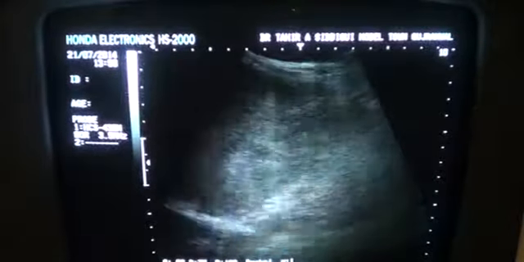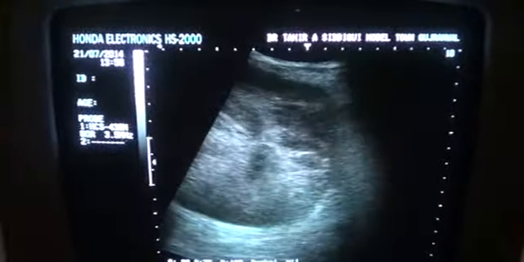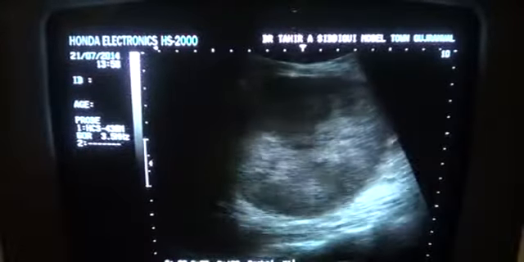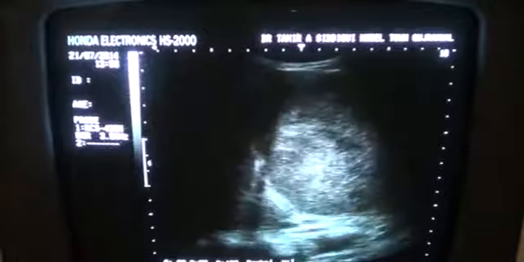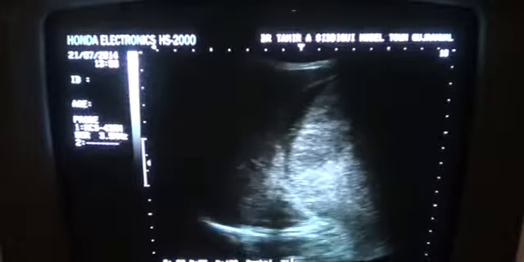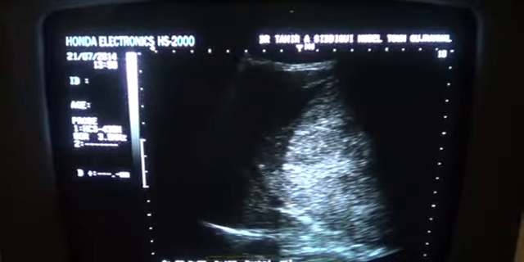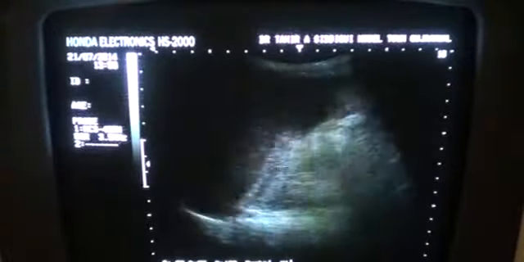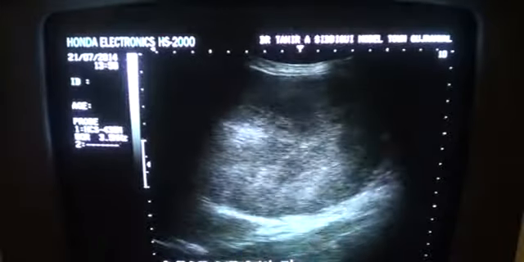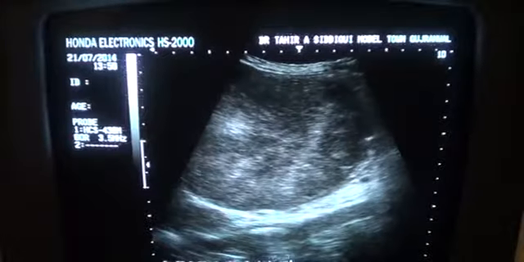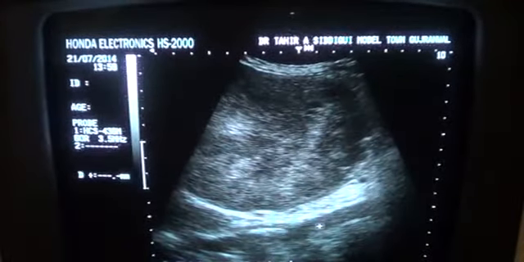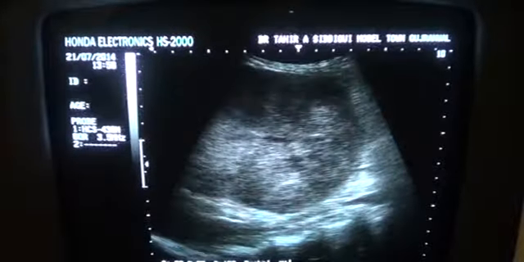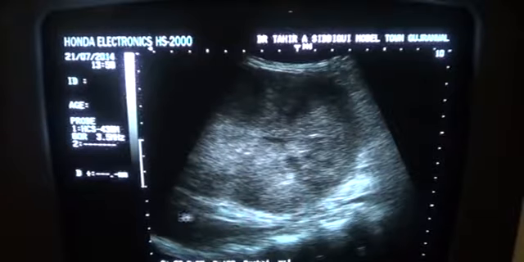We have seen that it's not having any effect on the vessels in the region. Here you can see the portal vein, and we can also follow the aorta. This is the aorta, and this is the IVC.